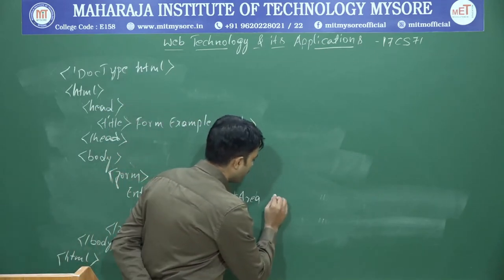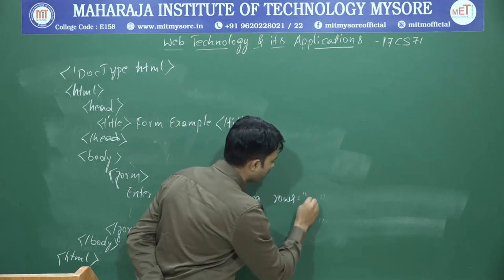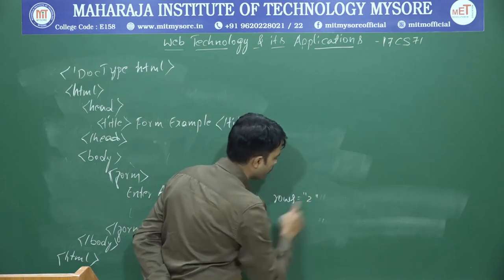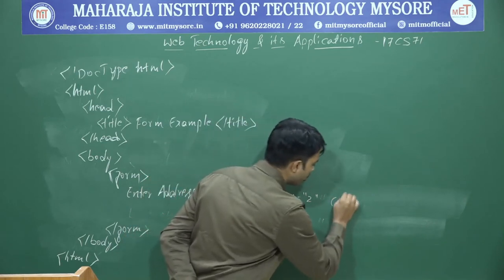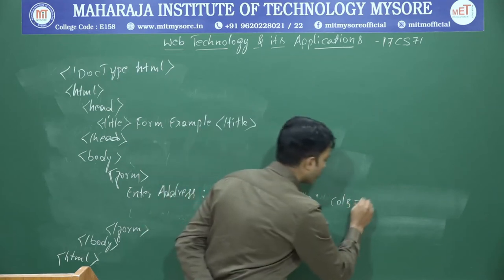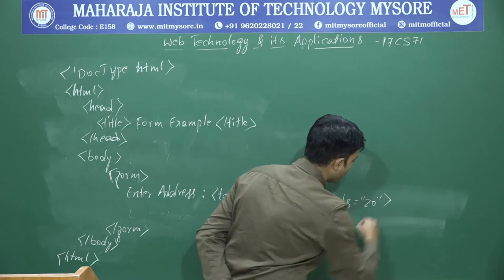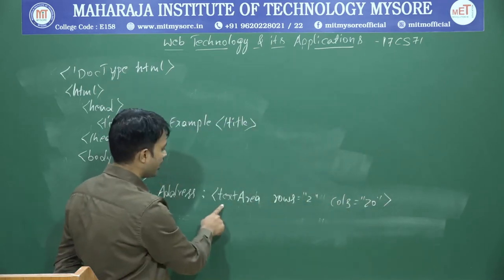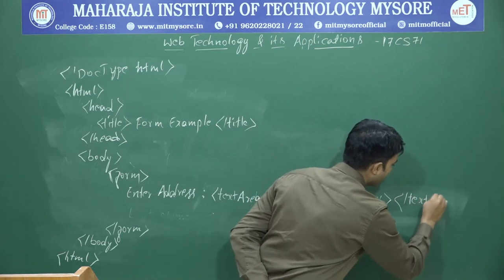Followed by the number of rows within double quotes, rows equals 2. Cols stands for columns, so cols equals 20. Now I will close the open tag of textarea, followed by the close tag of textarea.